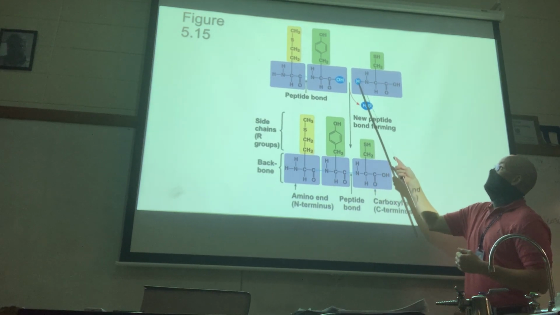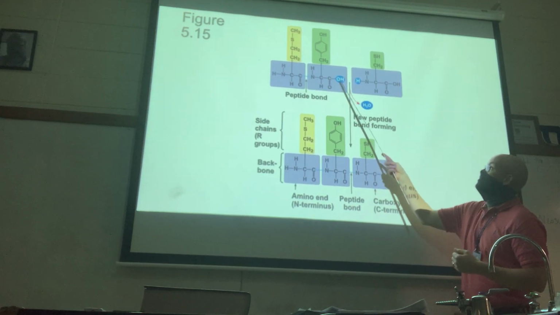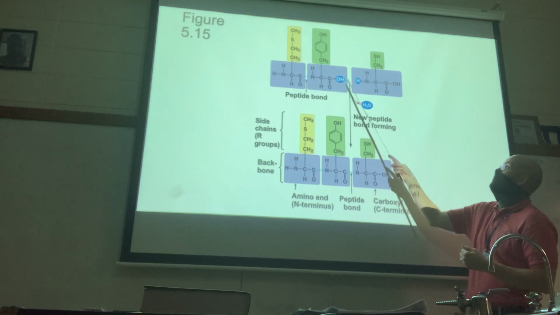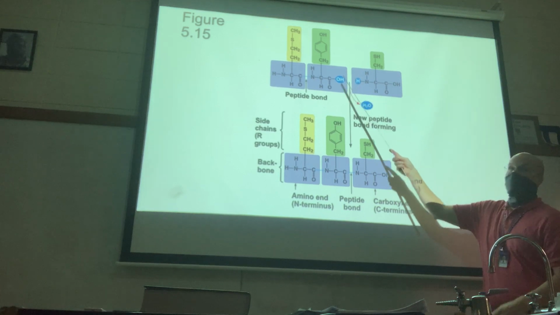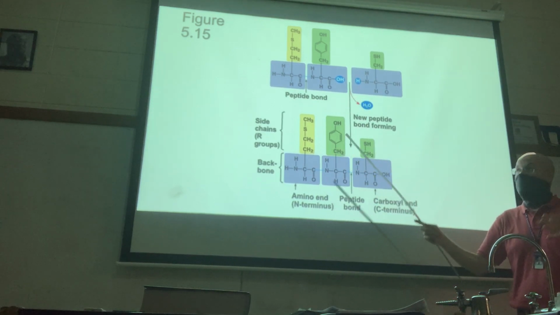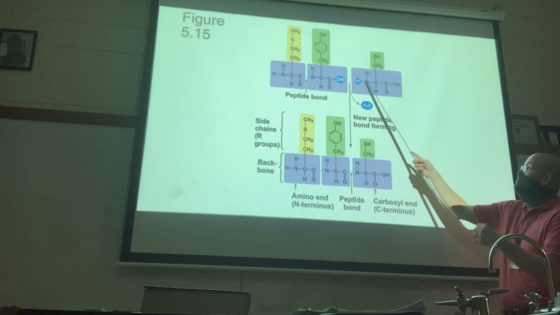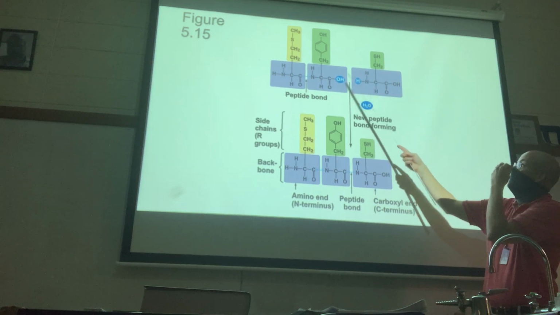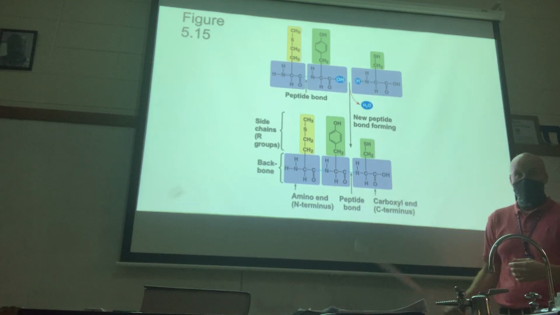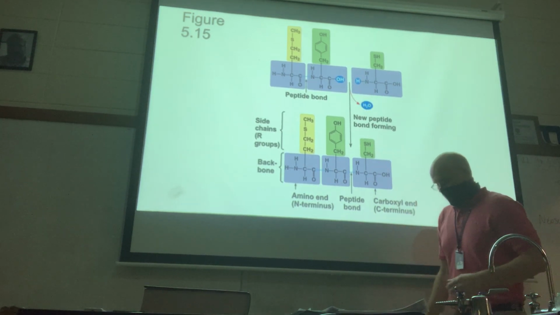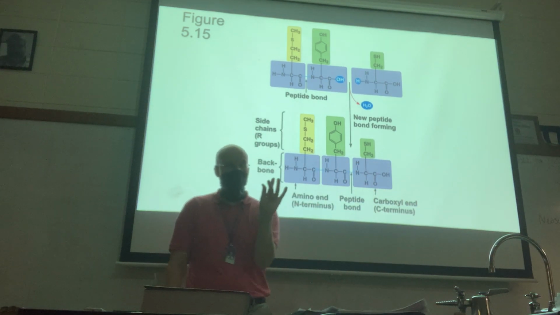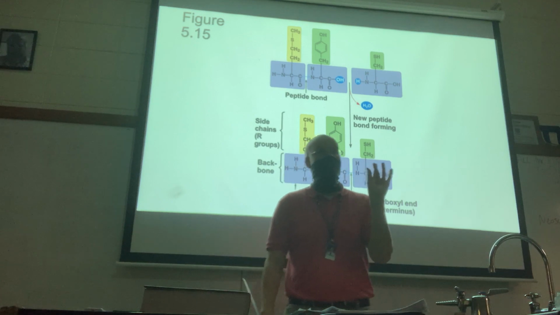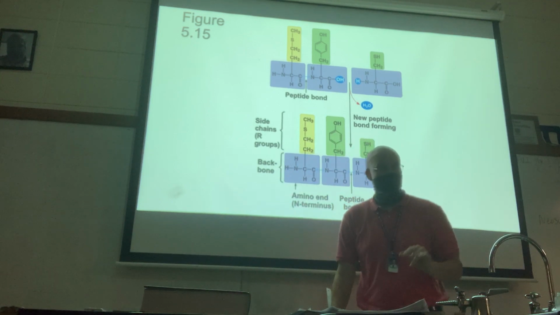So when we pull out the hydrogen here and the hydroxyl group on the other amino acid, we are producing water, and that leaves open the bonding locations for these two amino acids to covalently bond. Now you may remember from last class, when two sugars are covalently bonded, we call that a glycosidic linkage.